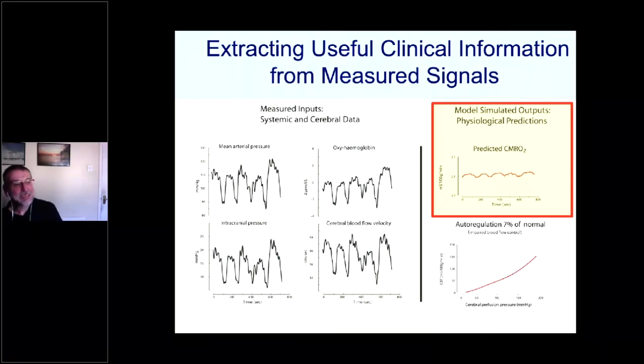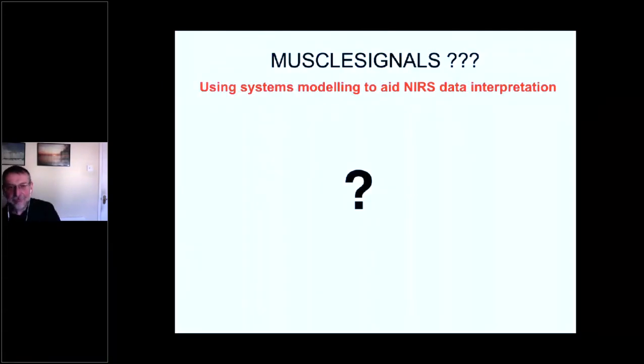So we've published a number of papers in Brain where we take quite complex biological systems models, input near-infrared data and potentially other data we might have, and output numbers that we can't easily measure in real time but want to measure, like CMRO2, that's brain oxygen consumption, but in principle, muscle oxygen consumption.